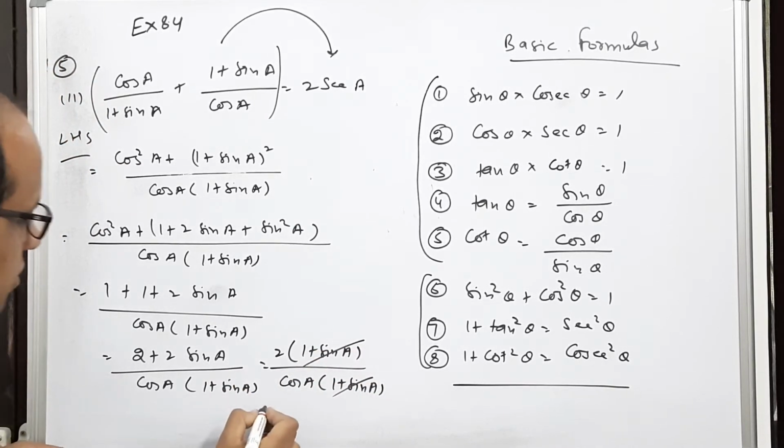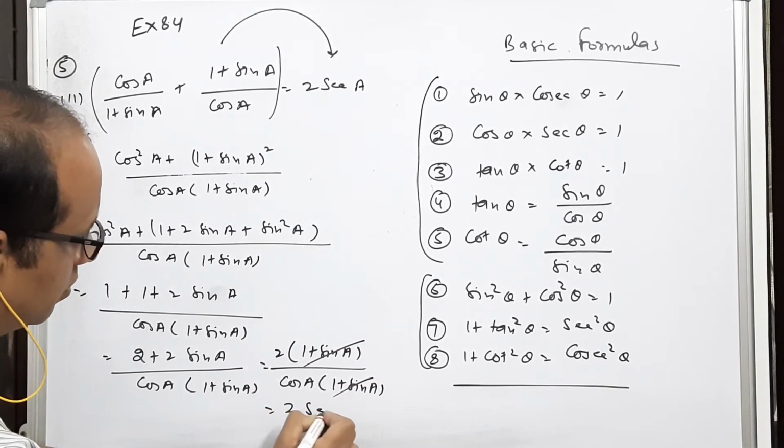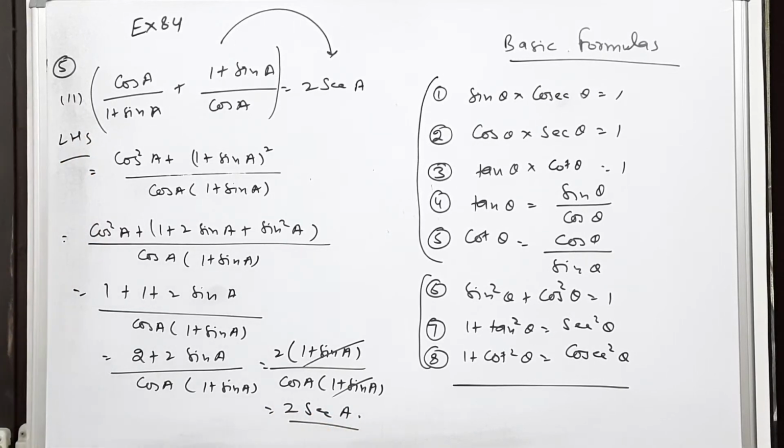And 2 upon cos A will be what? 2 sec A. So the answer is 2 sec A. That is, we have got the right hand side for this particular sum. I hope this sum is clear to you. I am taking more sums in my next videos.